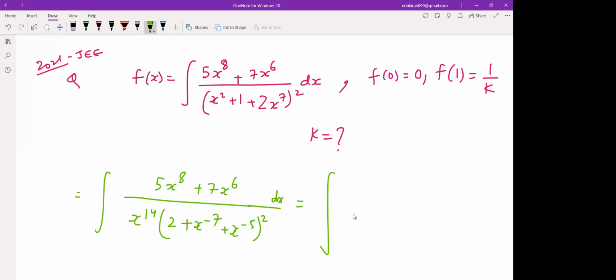So it will become 5x to the power minus 6 plus 7x to the power minus 8. Okay, fine.